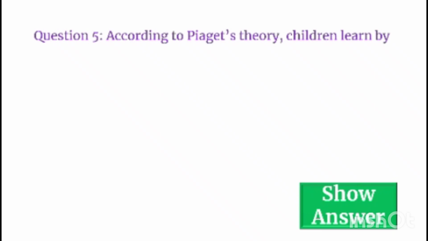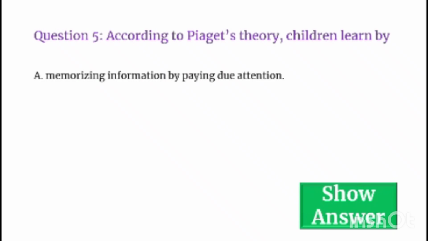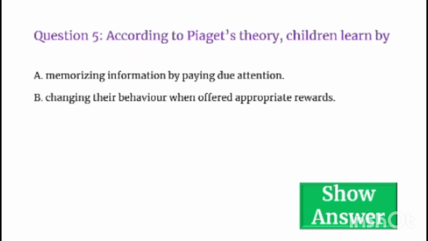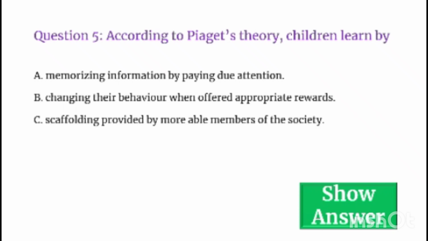According to Piaget's theory, children learn by what? A. Memorizing information by paying due attention. B. Changing their behavior when offered appropriate rewards. C. Scaffolding provided by more able members of society. And D. Process of adaptation. So, what would be this question's answer?